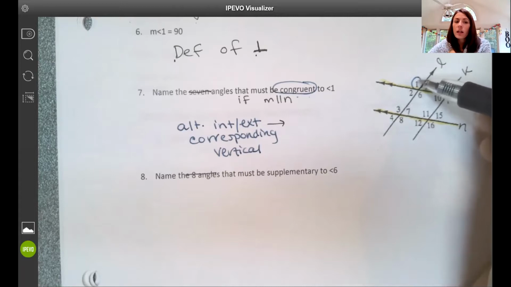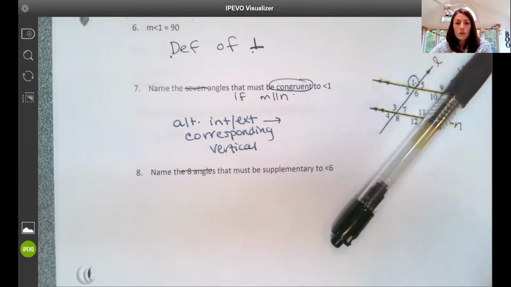So what would the alternate exterior be to 1? I'd only be looking at this transversal. And yes, Jaden, 3 will work, but I'm going to start with alternate exterior. What angle is alternate exterior to 1?